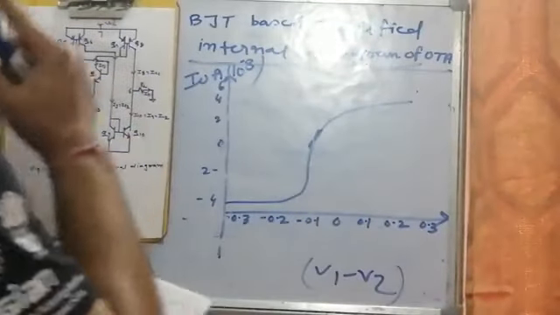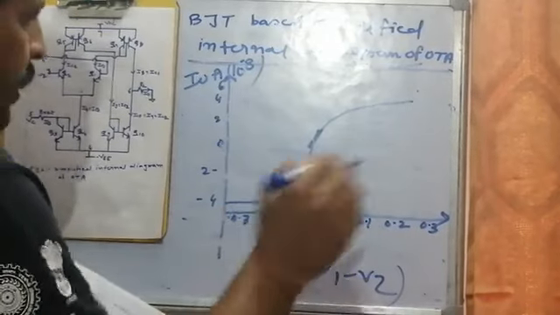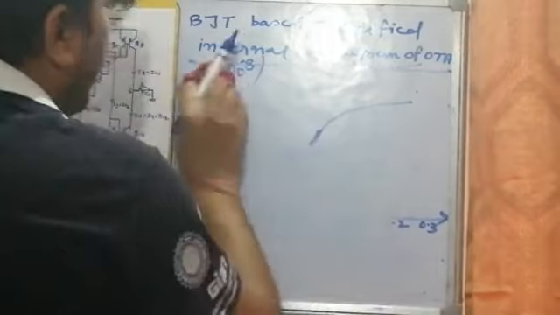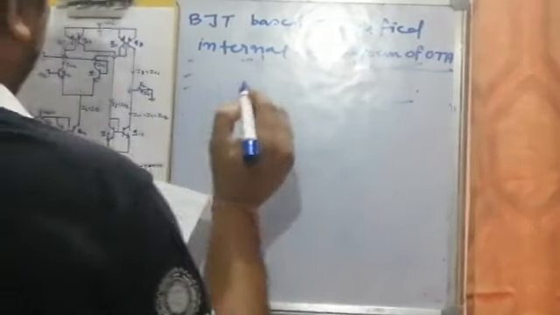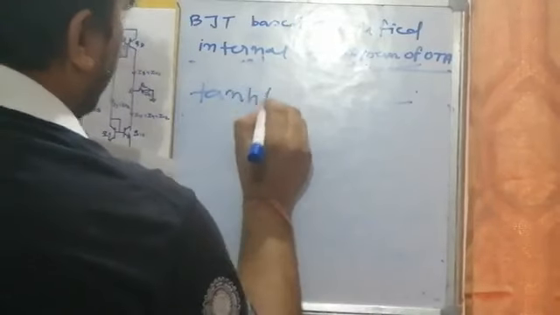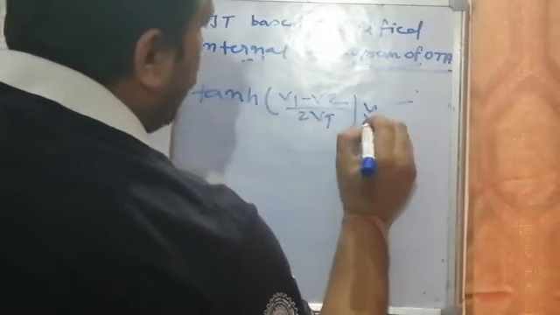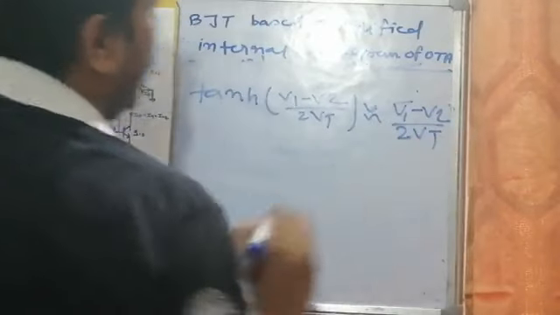It operates linearly for a very, very small range of input. So for that small range of input, tanh((V1 minus V2) divided by 2Vt) is approximately equal to (V1 minus V2) divided by 2Vt.